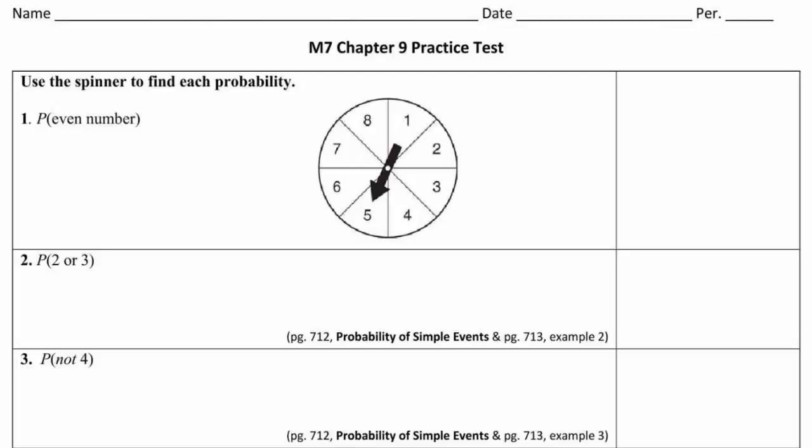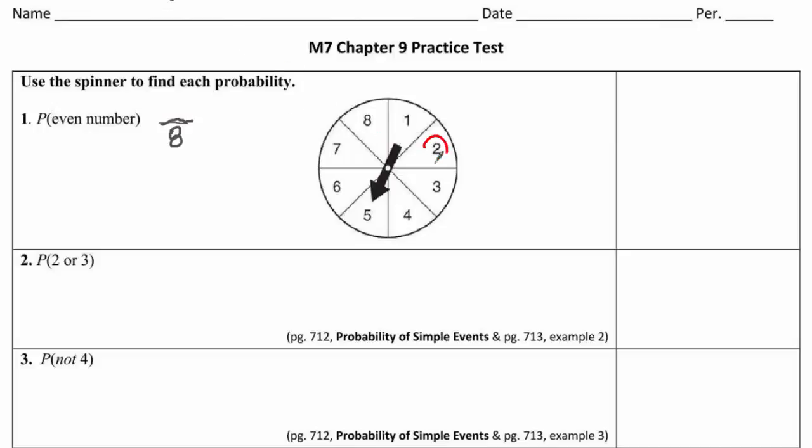Okay, first problem, probability of finding an even number. So remember, anytime we're talking about the probability of any event, doesn't matter what the event is, probability of any event is the possible things that can happen. So there are 8 possible things that can happen on this spinner. And the top is always the things you want to have happen.